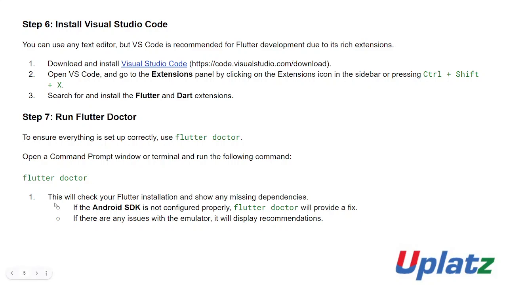This will check your Flutter installation and show any missing dependencies. If the Android SDK is not configured properly, Flutter Doctor will provide a fix. If there are any issues with the emulator, it will display recommendations.